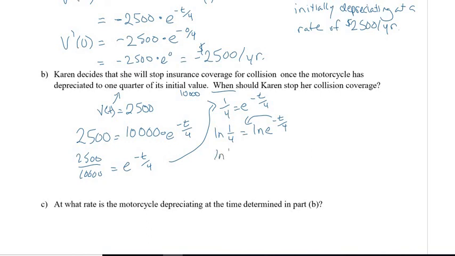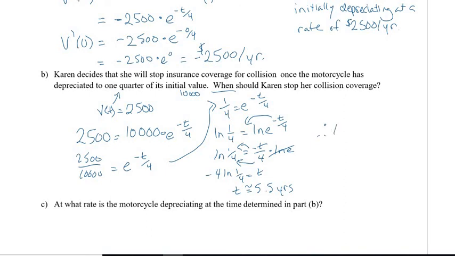So natural log of 1/4 is equal to negative t over 4 times the natural log of e. And of course the natural log of e is 1, so that just goes away. Then we move the 4 and the negative over, and it becomes negative 4 times the natural log of 1/4, and that's equal to t. When you calculate that out, that's roughly 5.5 years.